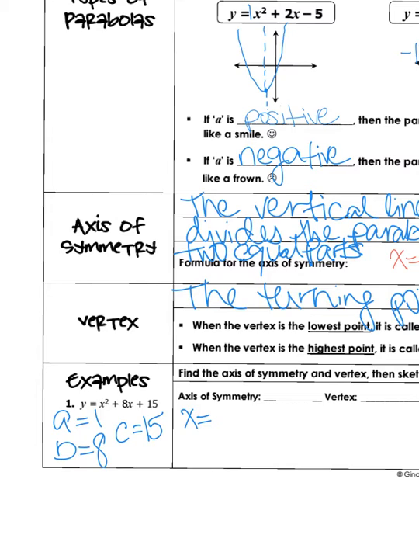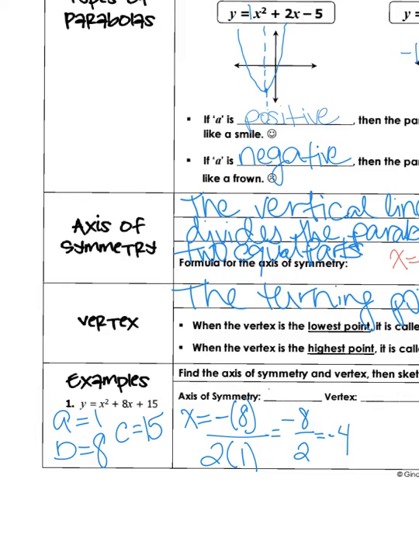It's negative b, so negative, and I'm going to put my 8 in parentheses just so I know that the negative isn't attached to the 8, over 2 times a, which is 1. So I've got negative 8 over 2. My axis of symmetry is negative 4.